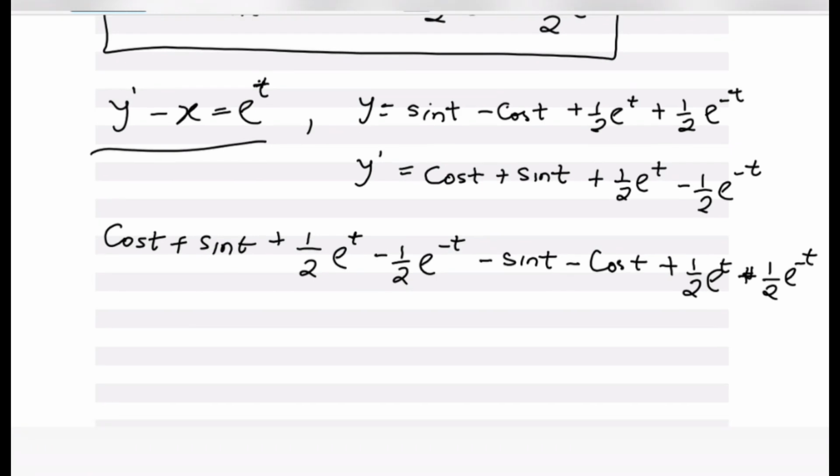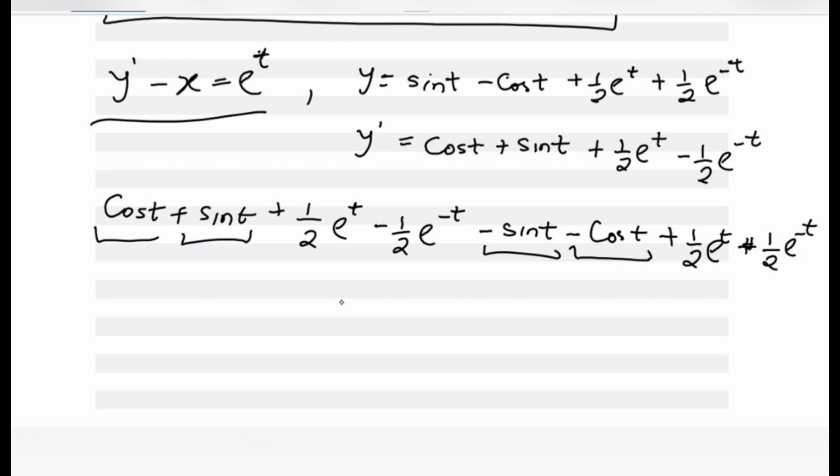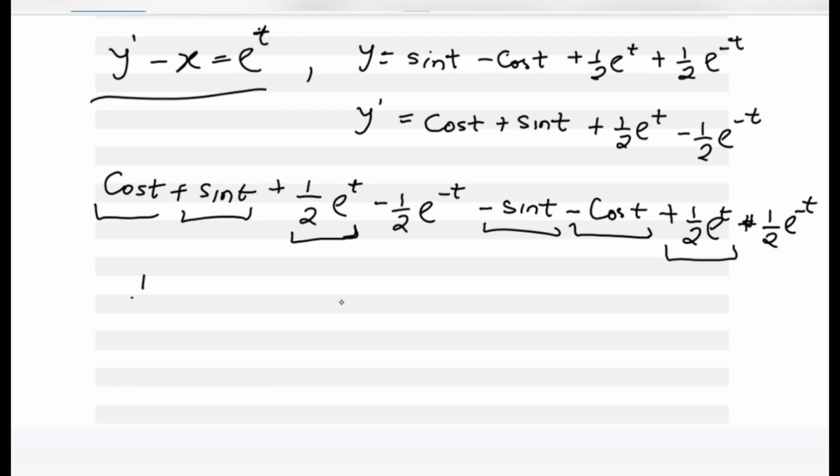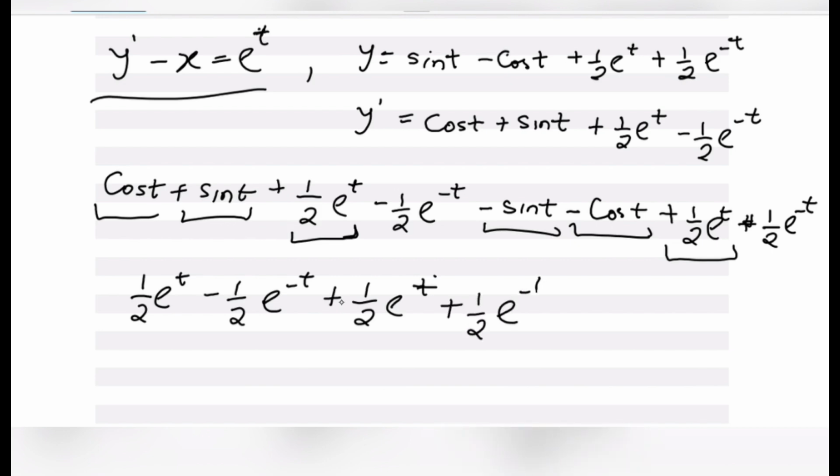Okay, so look at this. This will cancel with this. This will cancel with this to give us 0. What do we have left? Exponential t, exponential t. When you add the two of them, what we'll have left is 1/2 exponential t minus 1/2 exponential negative t plus 1/2 exponential t plus 1/2 exponential negative t.